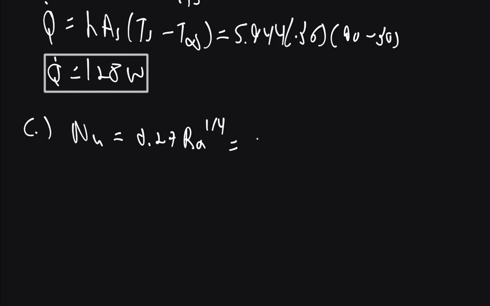We get 15.87 if we substitute in the Rayleigh number from before. So h is k over Lc times the Nusselt number.